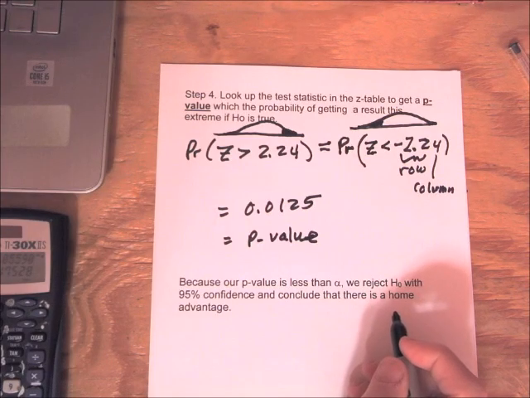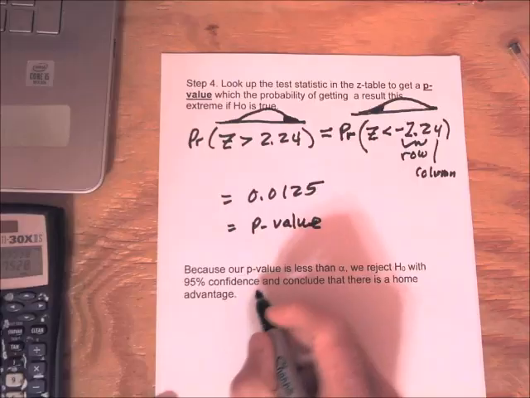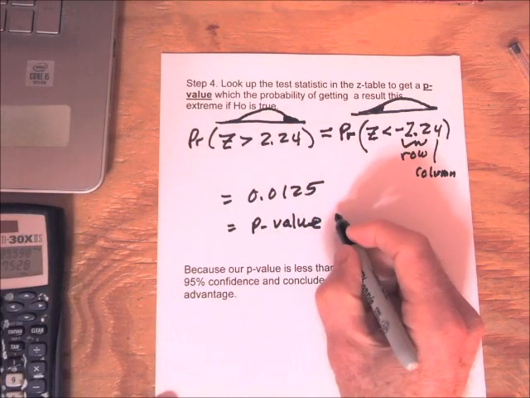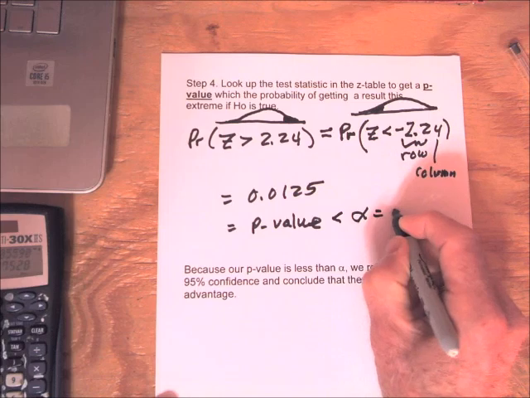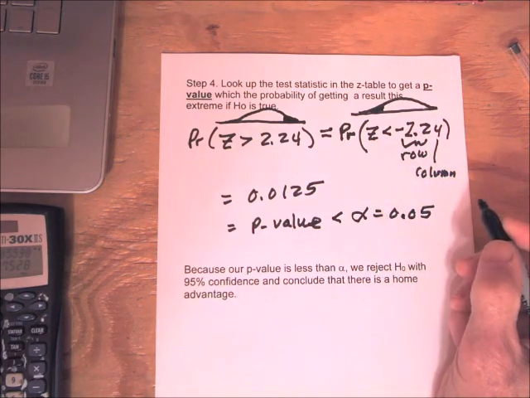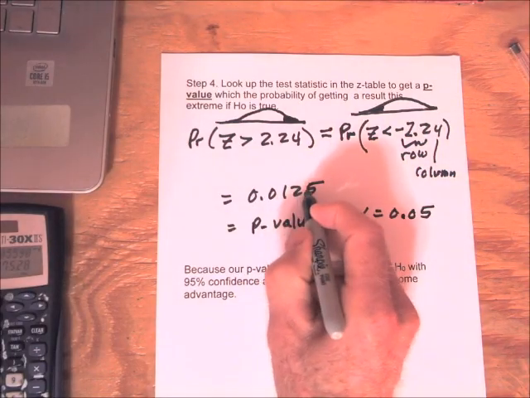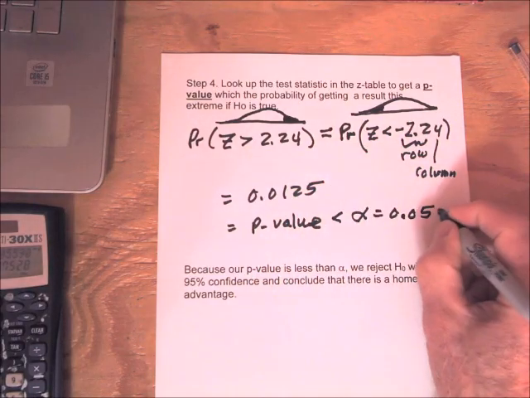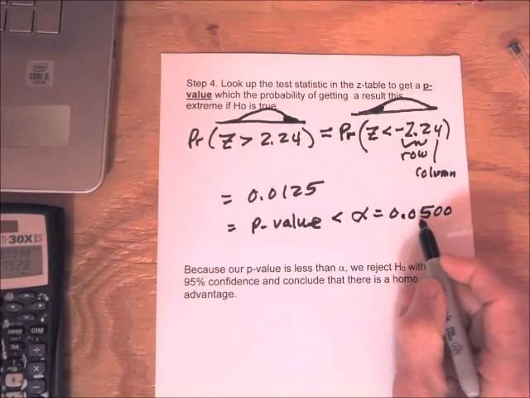with 95% confidence and conclude there is a home advantage. So the p-value of 0.0125 is less than alpha, which is 0.05. And it might help to compare these if we add extra zeros, so we have the same number of digits after the decimal point. So if we add 2 zeros here, it makes it a little bit easier to compare.